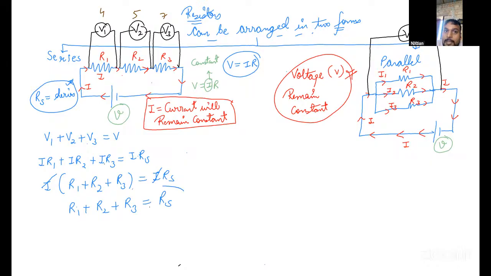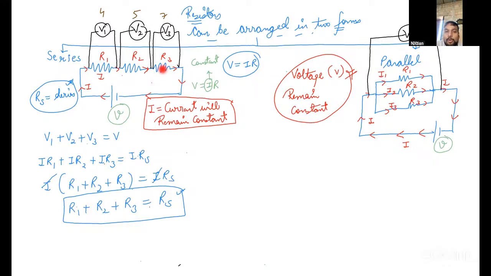What does this mean? This means that if the resistors are arranged in series and you want to find the total resistance, you have to simply add them. Like, 7 ohm, 8 ohm, and 5 ohm are given. So what will be the answer? 7 ohm plus 8 ohm plus 5 ohm will become 20 ohm.